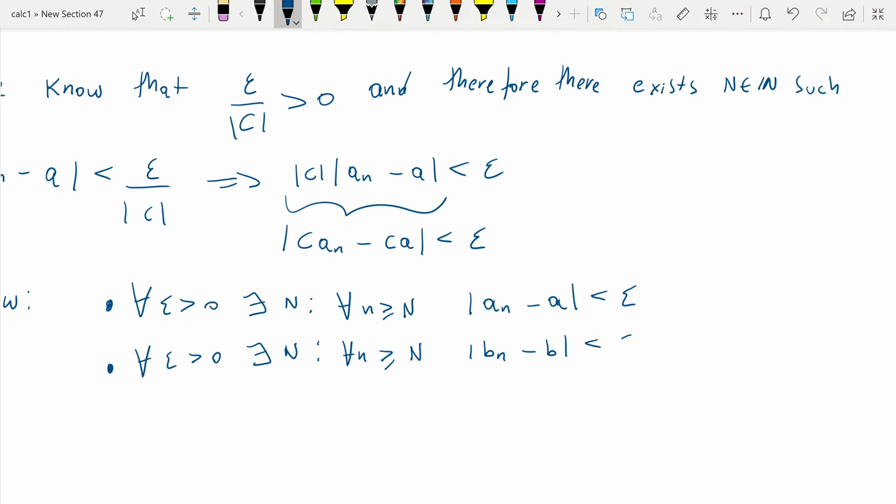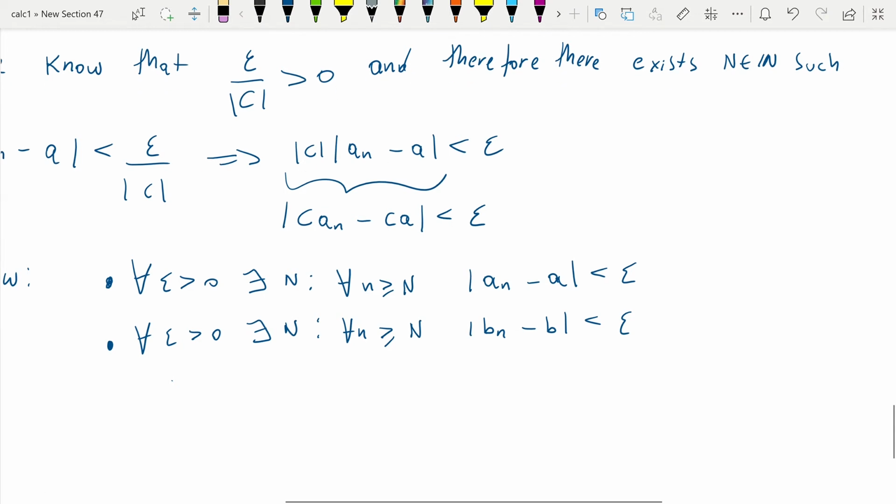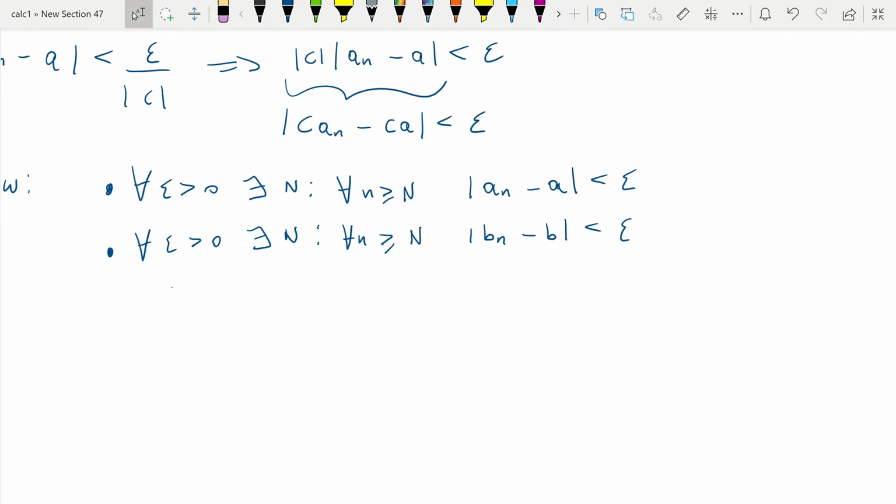To each epsilon here, there's an N depending on epsilon, that is not necessarily the same as the N you'll obtain for that epsilon down here. That depends on how fast the two sequences converge to their respective limits.